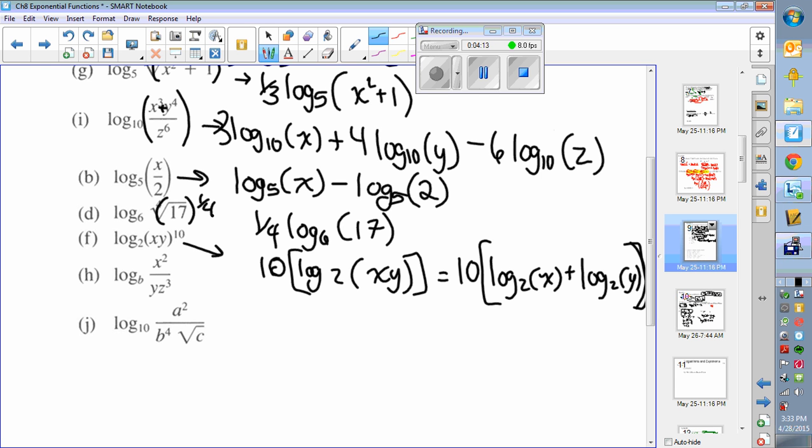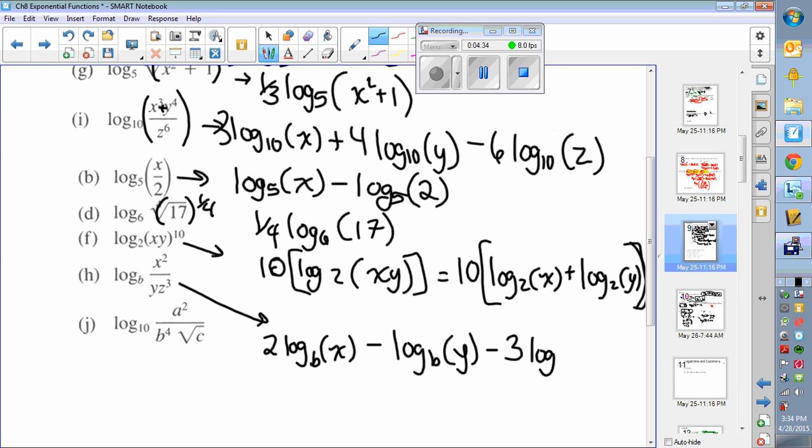Okay, that's one way to write that. Combining all of this, I would say that you're going to get 2 log to base b of x, subtract log to base b of y, subtract 3 log to base b of z.